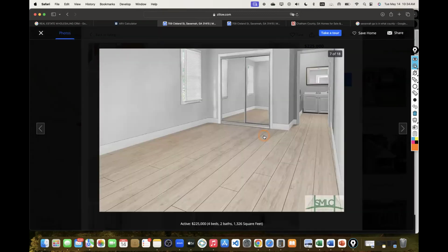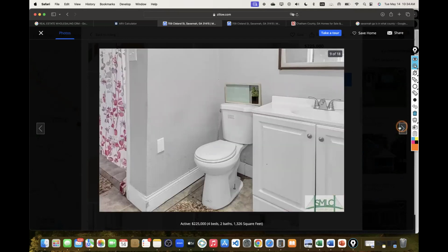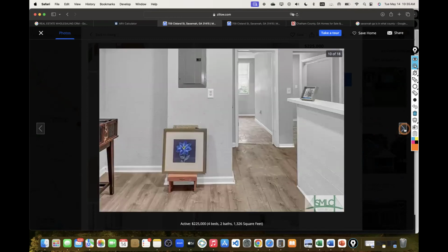Off the bat it's definitely a strong one, because brand new paint, windows, bathroom updated, vanity as well, flooring, LVP flooring. Okay, they did very minimal stuff. So it looks like this was a rental type of property, possibly. Let's see what else. Again, we gotta bring a new electrical panel.